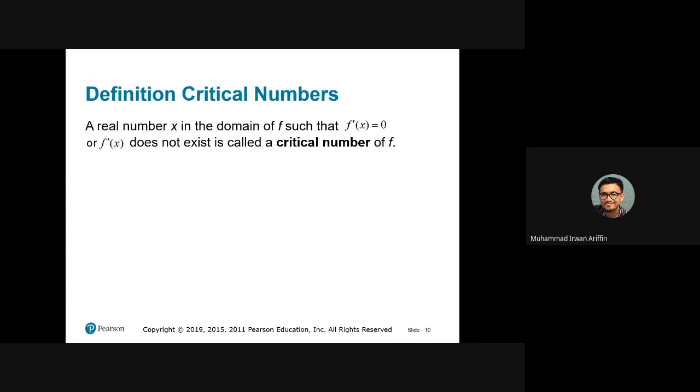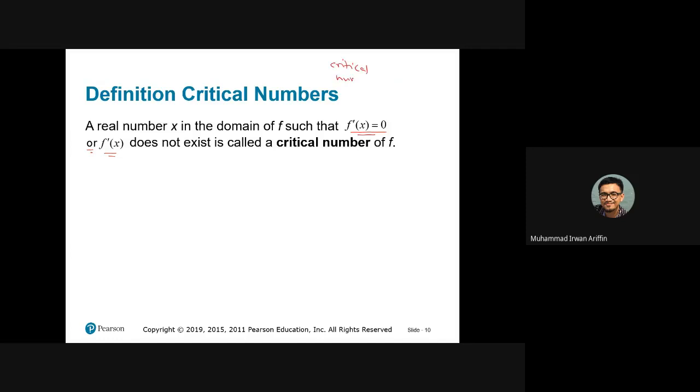And when x is greater than 4, the slope would be negative. Now we're going to define critical numbers. So what are the critical numbers? Any real number x in the domain of f such that f prime of x equals 0, which is the first criterion, or when f prime of x does not exist, is called a critical number of f. Remember, this is how we define the critical number.